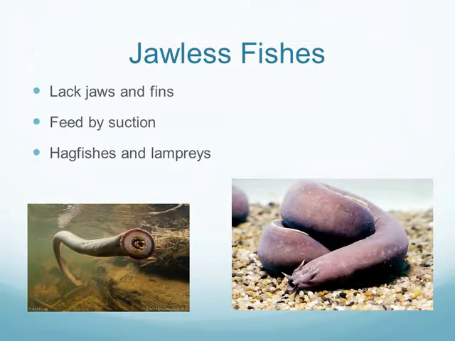So there are different types of fish, and the first type of fish that we're going to talk about are jawless fishes. These don't have jaws like your parrotfish or your sharks, and they also don't have fins. What they do have is a sucker, much like a leech, and so they will suck onto whatever prey they're hunting.